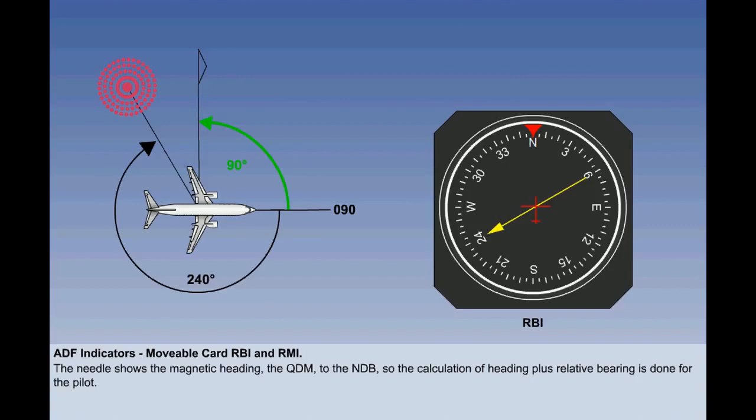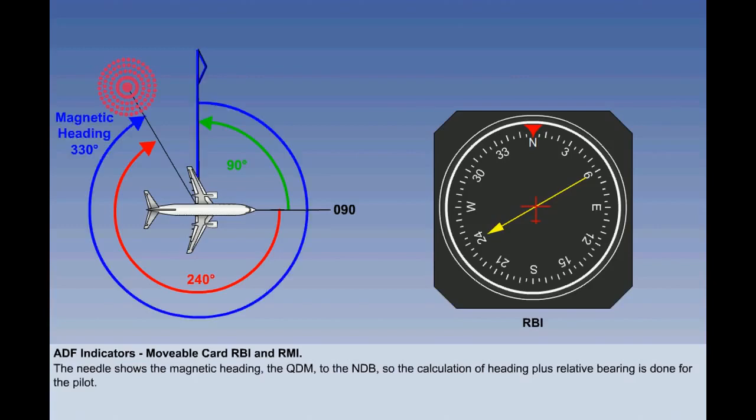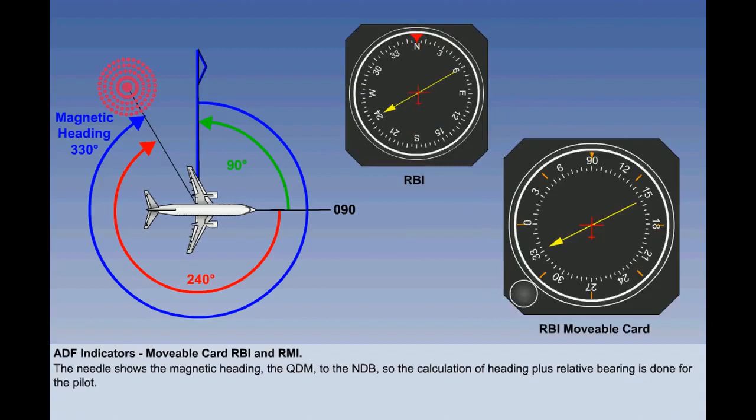So if we add the heading of 090 degrees to the relative bearing of 240 degrees, we have the same magnetic bearing to the NDB of 330 degrees. With a movable card set at 090, this calculation is done for the pilot, showing that the NDB is on a magnetic heading of 330 degrees.